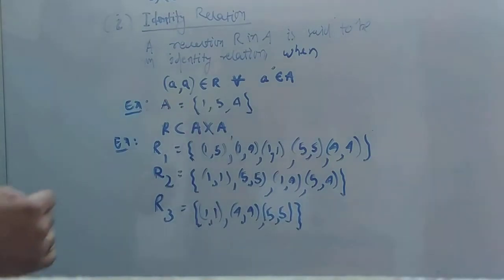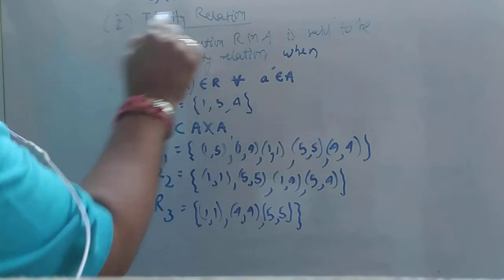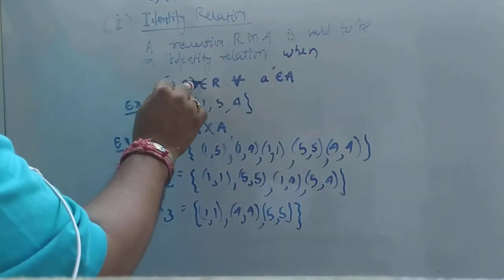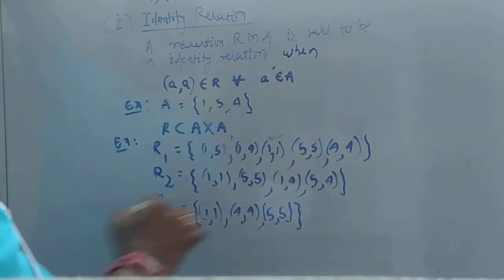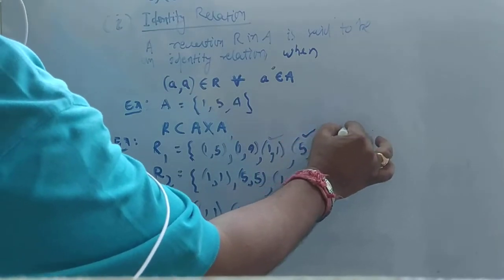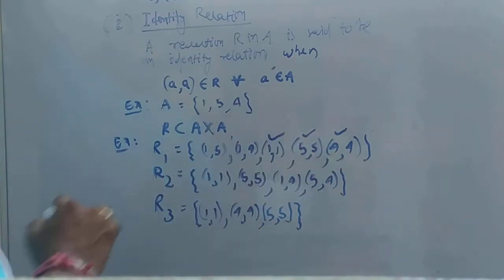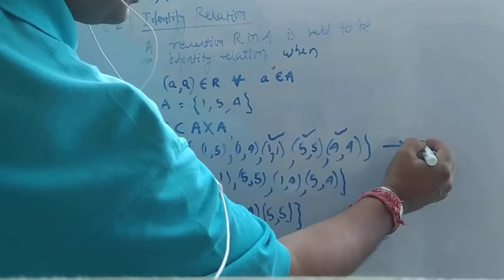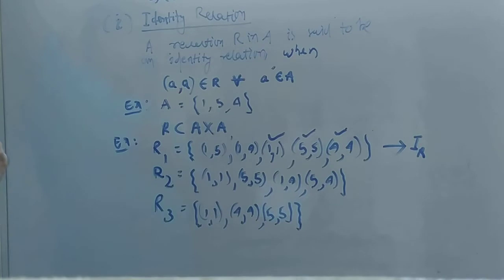Okay, so just go through. A relation is said to be an identity relation when (a, a) belongs to R. So here we have (1,1), (5,5) and (4,4). All three are there in R1, hence it is an identity relation and it is written as I_R, identity relation.